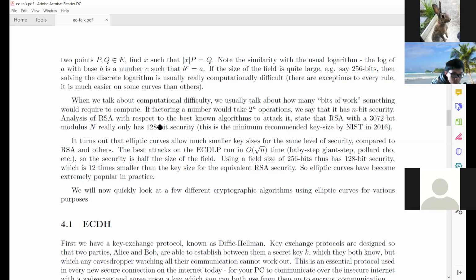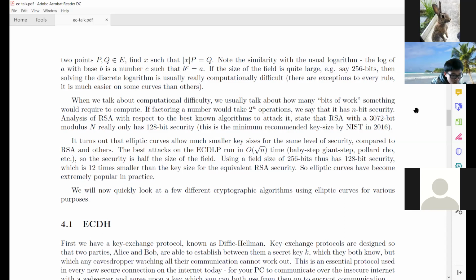So factoring n, or breaking RSA based on this modulus n, would take about 2 to the 128 operations, which is a really big number. I think that's still the current recommendation. The minimum size of n should be this large, and if n was smaller than that, then obviously the security is weaker and it could be broken.